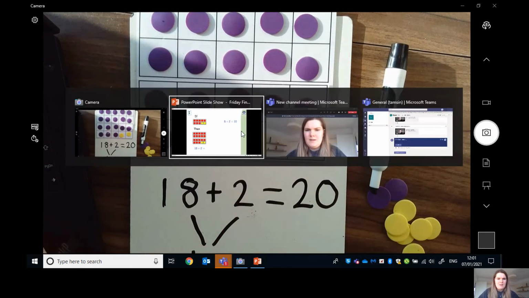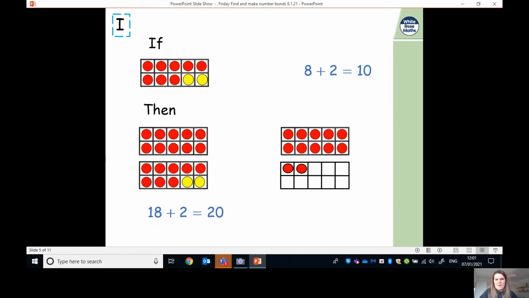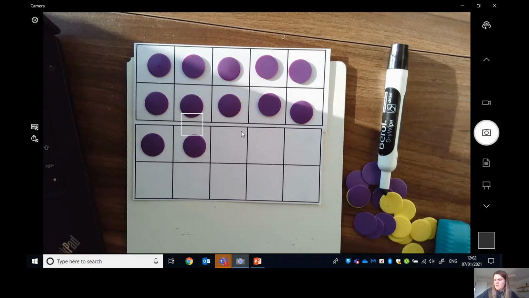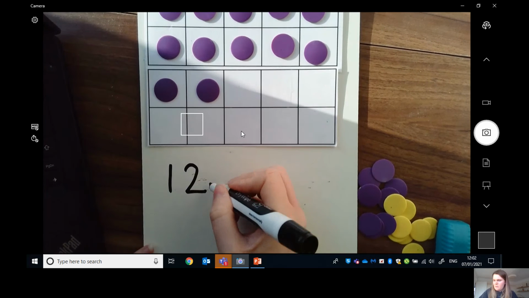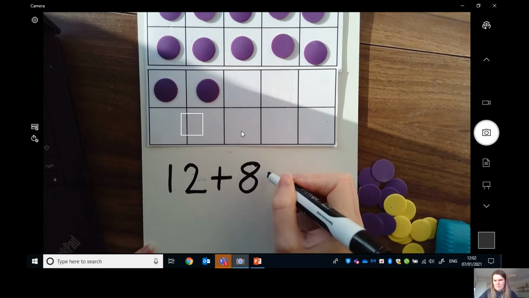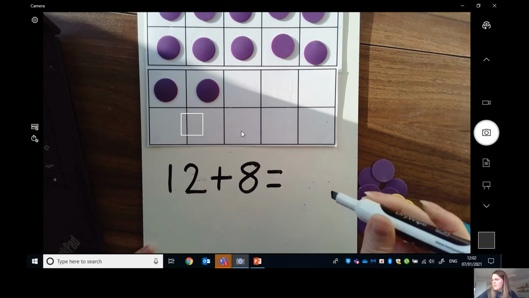Fantastic. Let's have a look here. This time, I've got 12 plus 8. First thing I'm going to need to do is write my sum. 12 plus 8. I've written 12 plus 8.